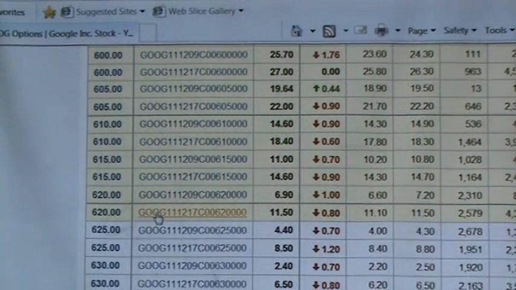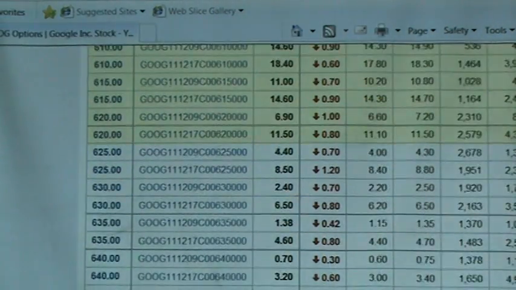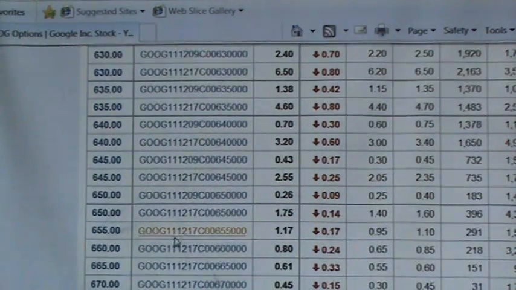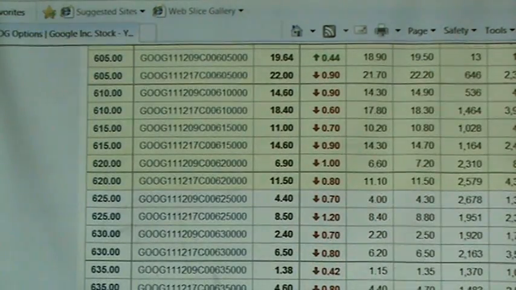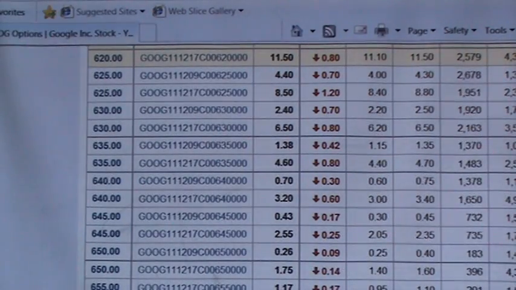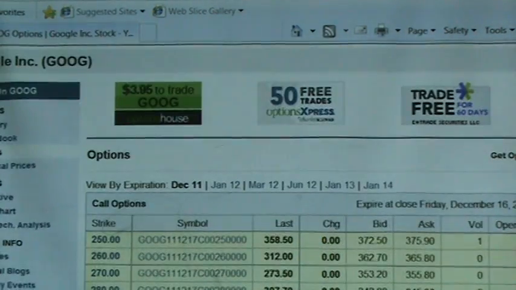Okay, so now for example, if we wanted to do a calculation on a call option at, let's say, the price of $6.50. I'm sorry, I want to look at the March of 2012 options.